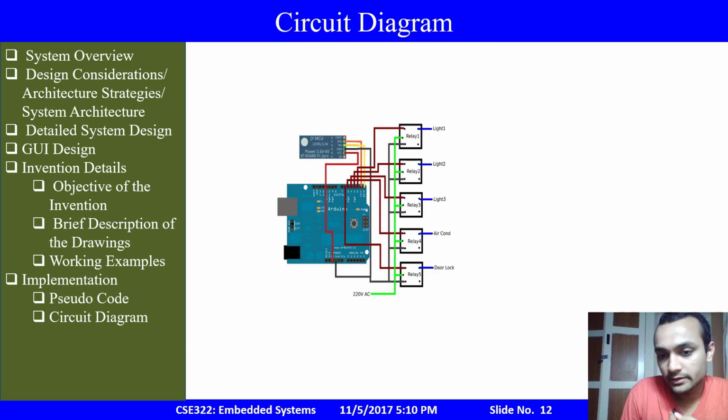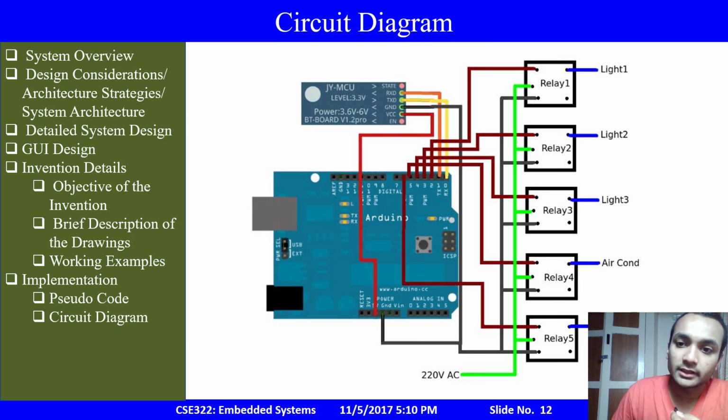Coming to the circuit diagram, I'll just expand this for you in the next slide. The circuit diagram was covered by Divyanshu and Rishabh before this, so it doesn't need too much expansion. As you can see, there's the Arduino Uno and all the other connections made. What you can see on the right side of your screen are relays, because you can't connect your Arduino board directly to a 220 volt appliance.